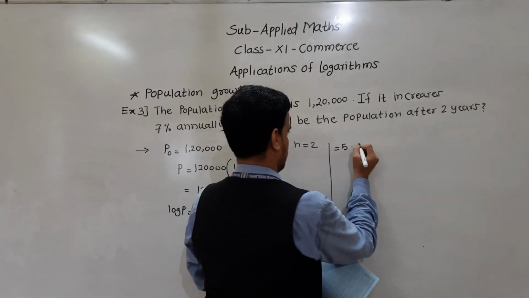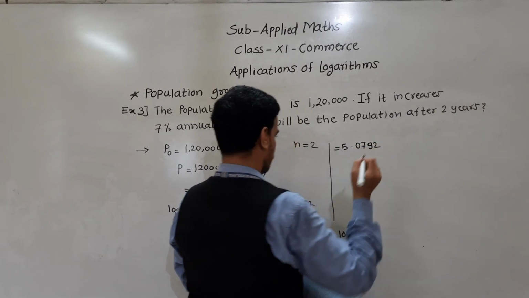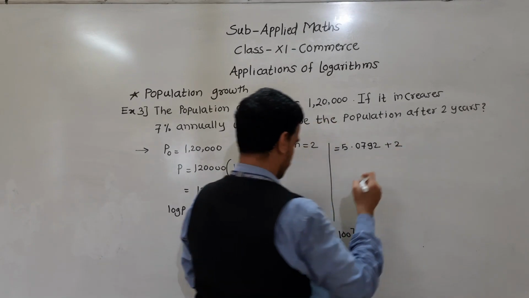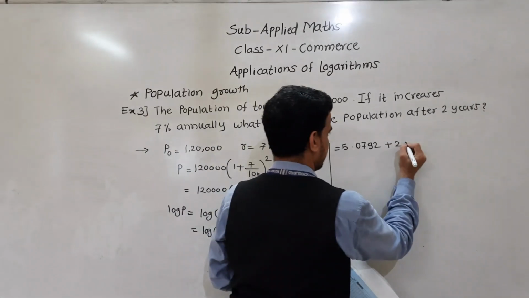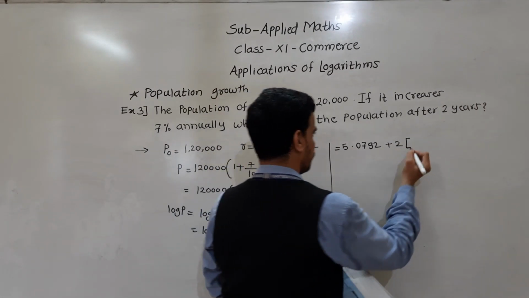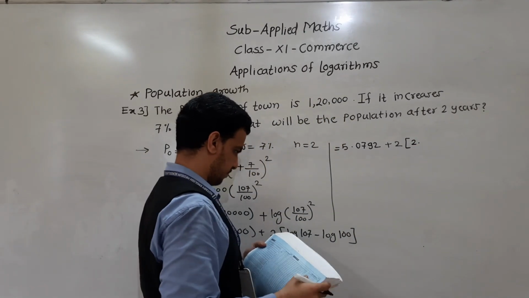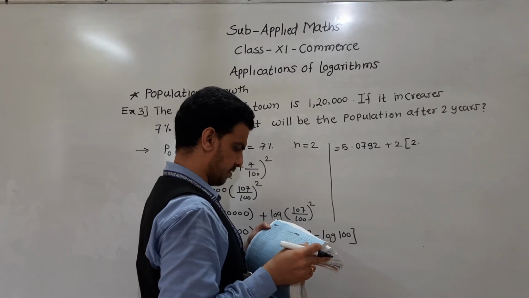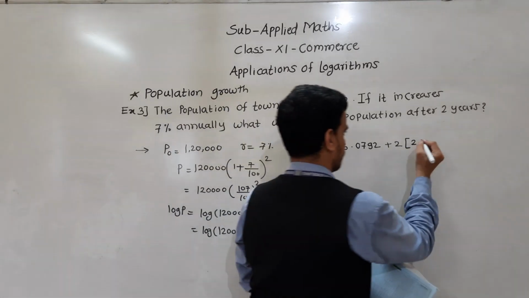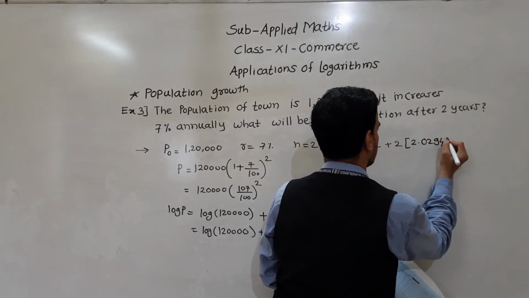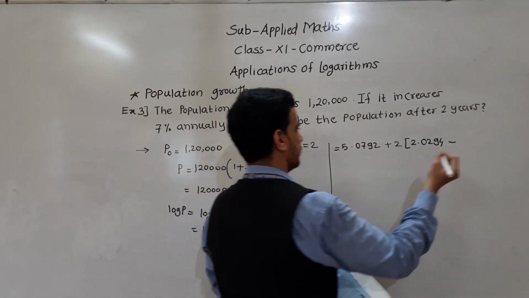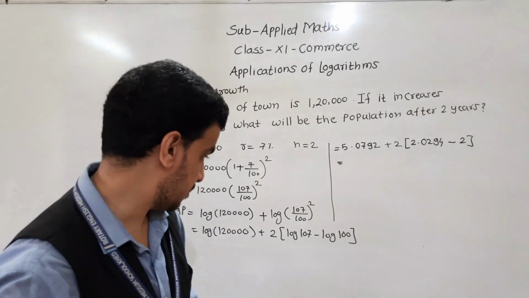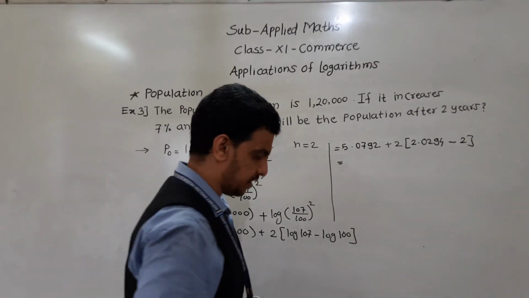So 0792 plus 2 into log of 107, characteristic is 2 point in 10, column headed by 7 is 0294, minus log of 100 is 2. Now we have to simplify this and then take anti-log.